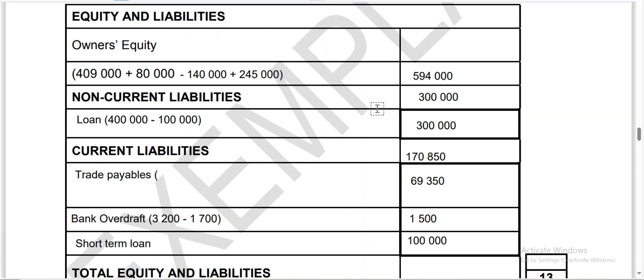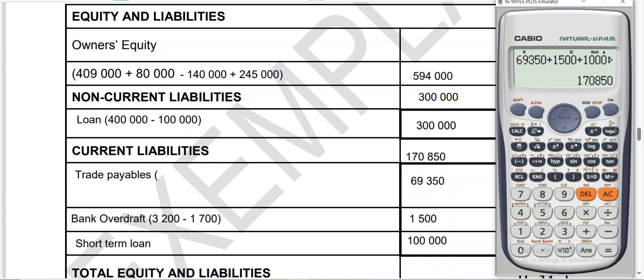Then from there all we have to do is to get our total equity and liabilities. So to get our total equity and liabilities, we are going to say our equity plus non-current liabilities and then plus current liabilities. So according to here, our equity is 594,000.